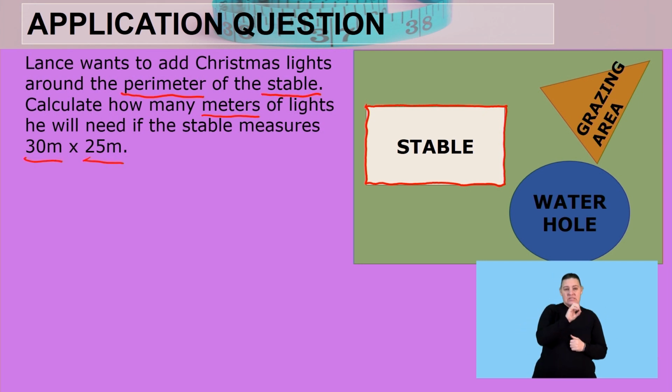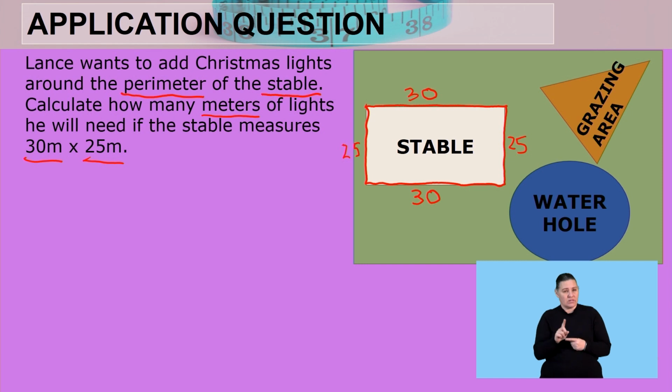Now what does that mean? It means that if one of the sides is 30, the side across from it is also 30. If one of the sides is 25, the side across from that would also be 25. So in that case, what shape do we have?